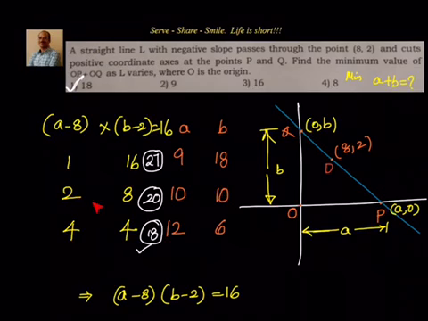Similarly, A minus 8 is 2, A becomes 10, B minus 2 is 8, B becomes 10. We look at the three different combinations and the minimum value out of that is 18. So if a straight line L with a negative slope passes through (8, 2) and cuts the positive coordinate axes at P and Q, then the minimum value of OP plus OQ is equal to 18, where O is the origin.